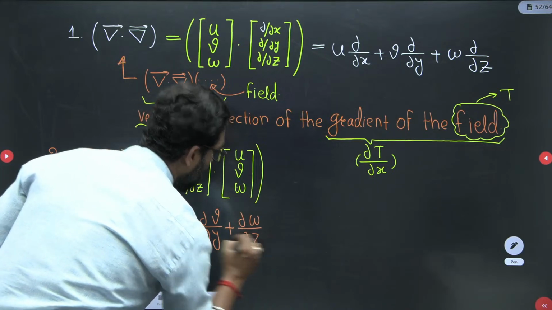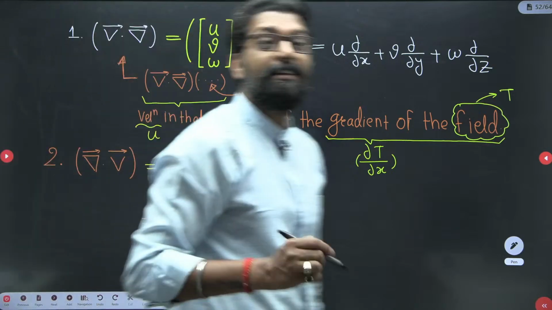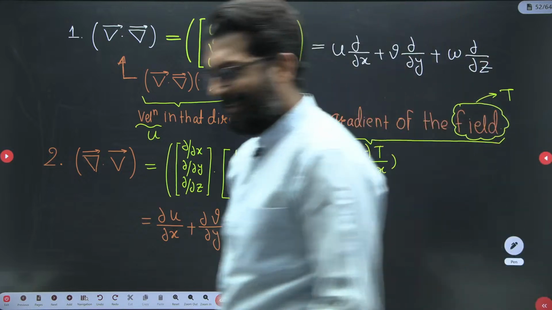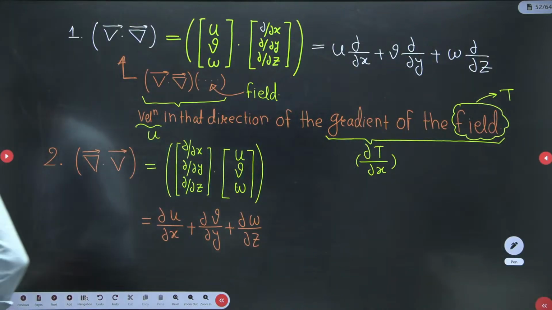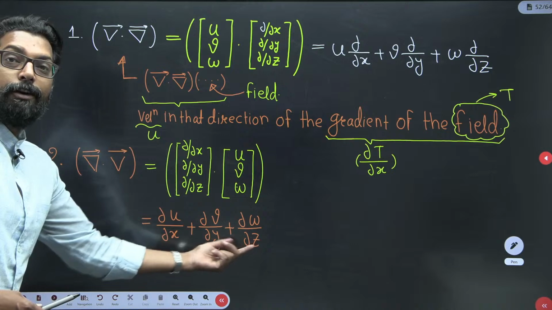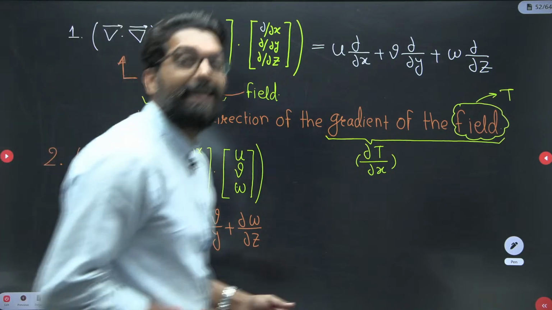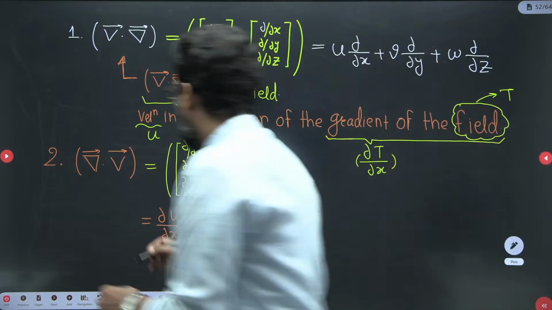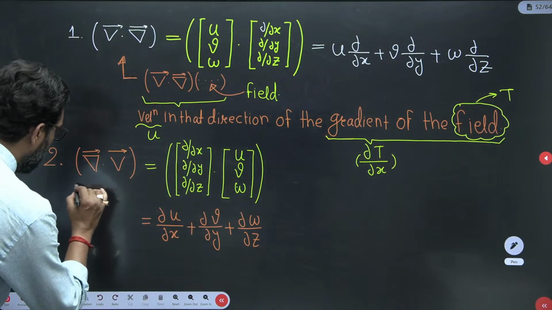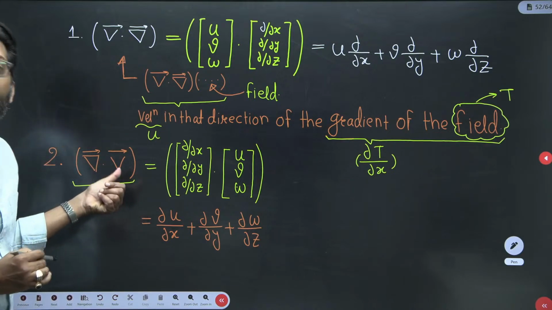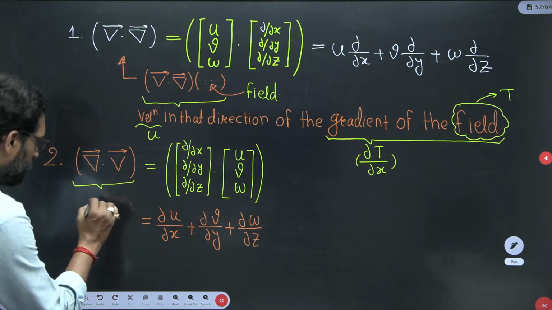Now my dear, what is this? Please tell me, this is what? This is your volumetric strain. And what name do we have to call it?